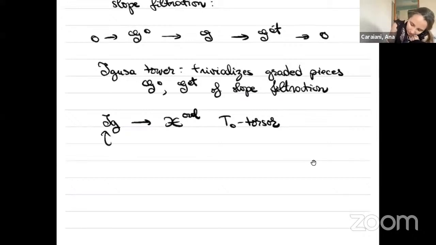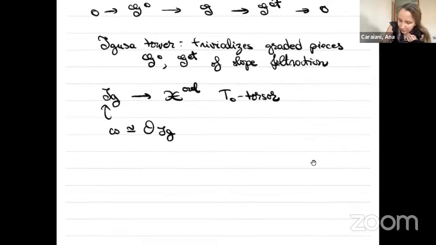So over here, we have omega is isomorphic to the structure sheaf; there's a canonical trivialization where you can identify it with the structure sheaf. And that's because you're trivializing these graded pieces of the slope filtration.